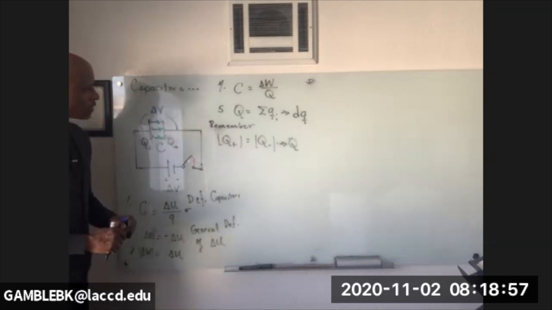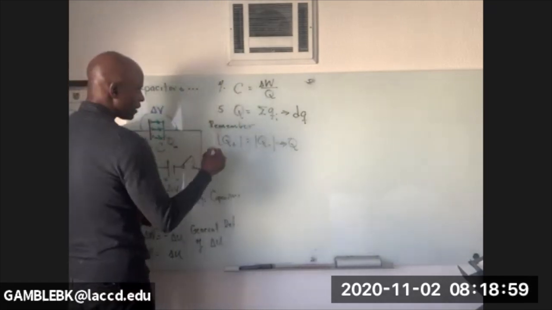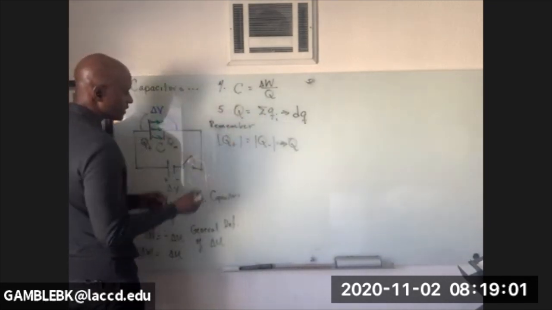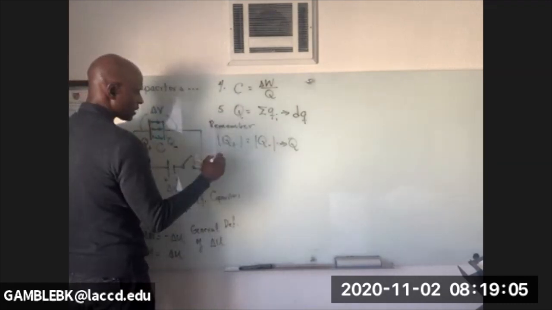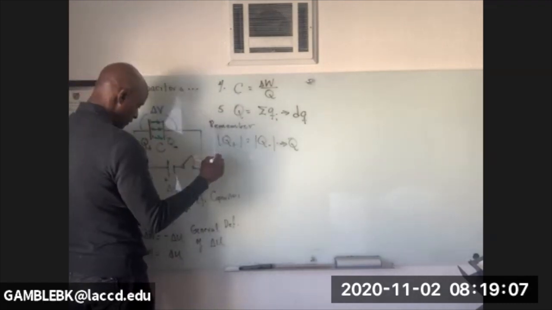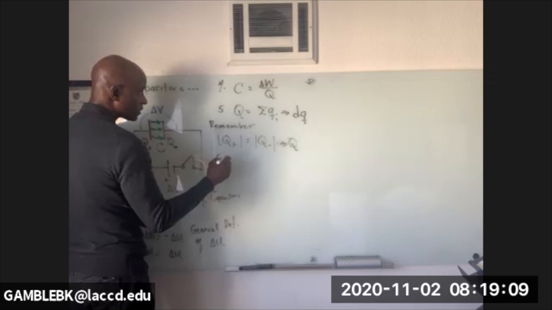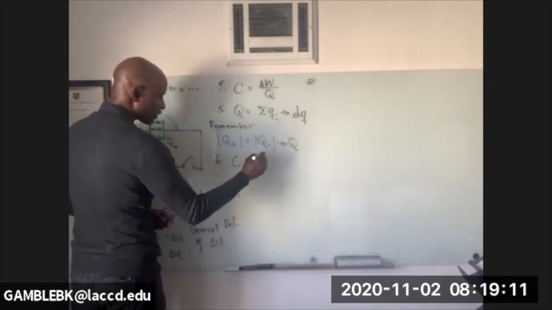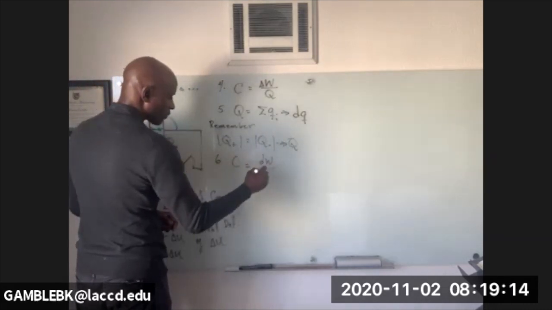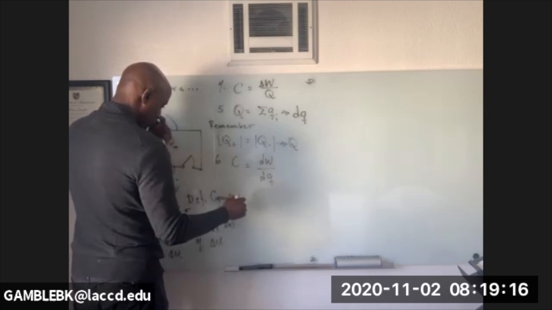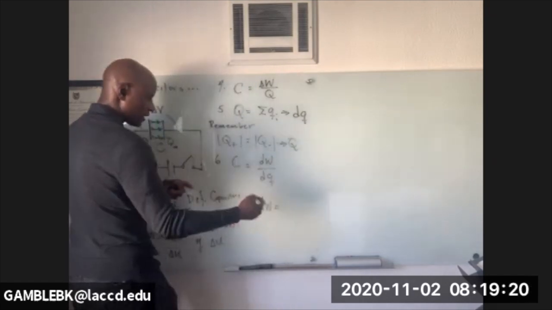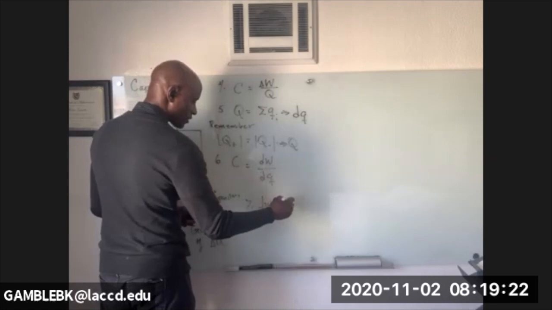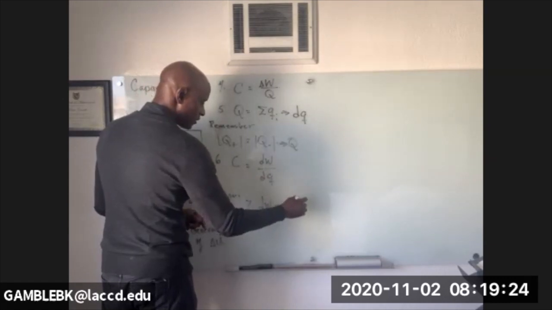And so in the limit as delta Q gets really, really small, equation 4 becomes that the capacitance is equal to the differential amount of work over a differential amount of charge. And so therefore the total amount of work done, we could integrate that. So we could solve this for work, until we have C dQ.